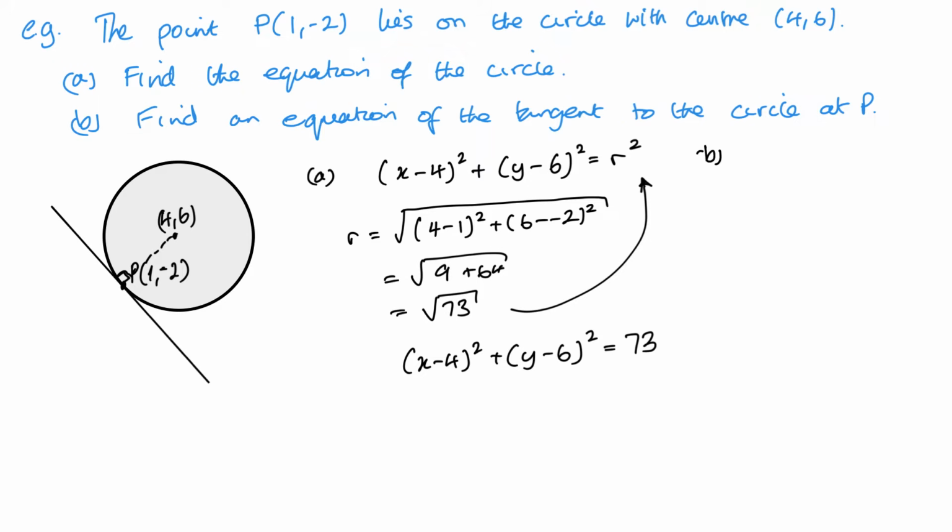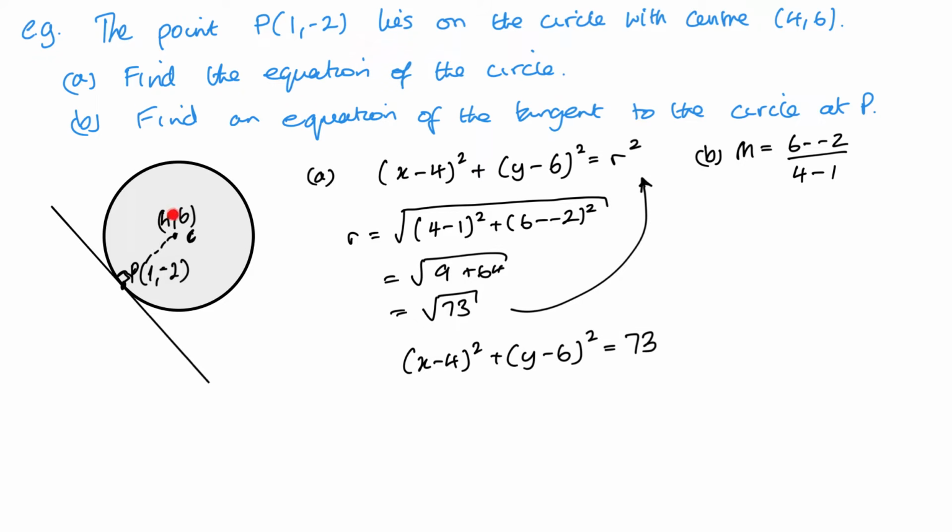Now, part B, we want to find the equation of the tangent. I've got one of the points. What I could really do with is the gradient. So let's look at the gradient of the radius, which is P to the center of the circle, which I'll call C. So the gradient of PC, which I'm just going to put as m, is the difference in y's, 6 minus 2, over the difference in x's, 4 minus 1.